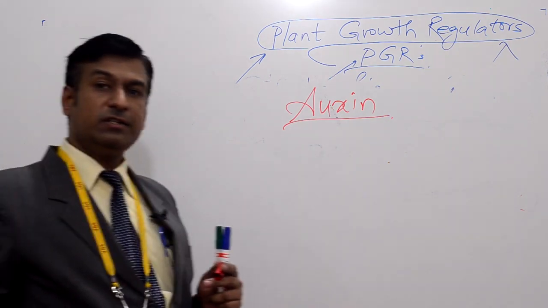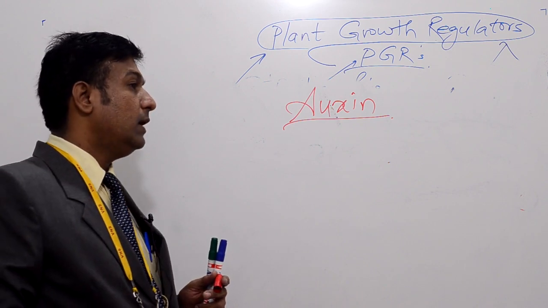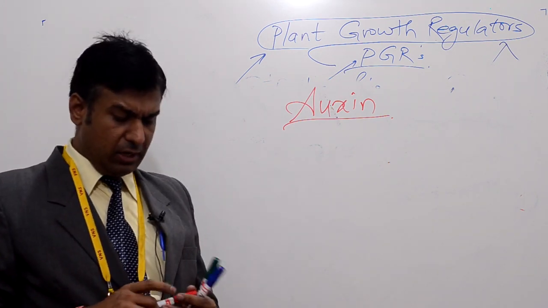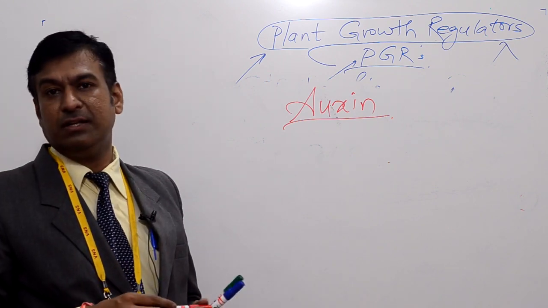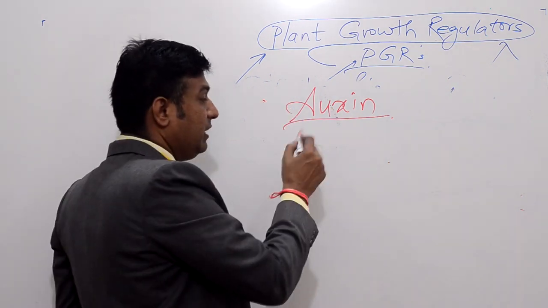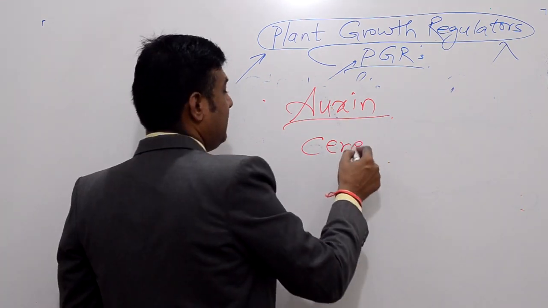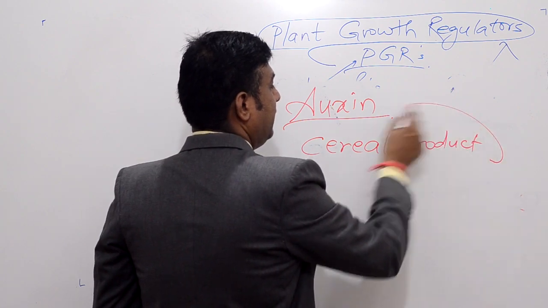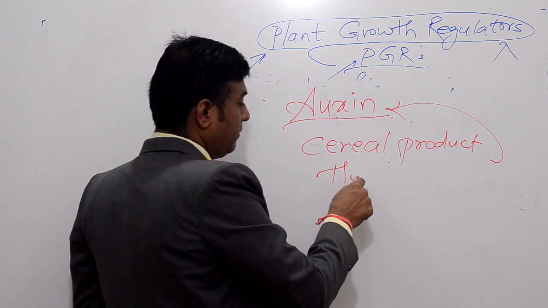A scientist was studying urine samples of humans, and he came to know that a certain type of compound had been isolated from human urine, but they are not present in general in the urine. And he came to know that when a patient, or you can say a sample, had taken a cereal product, they got auxin in human urine.